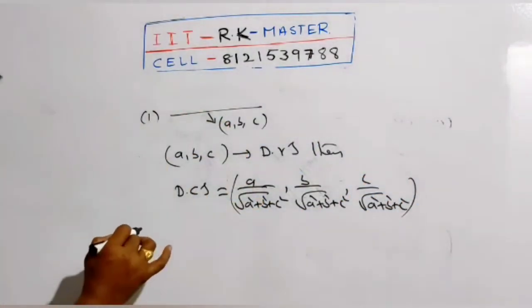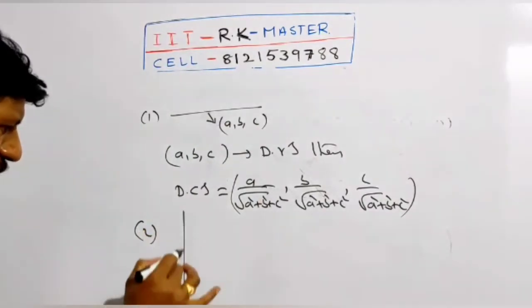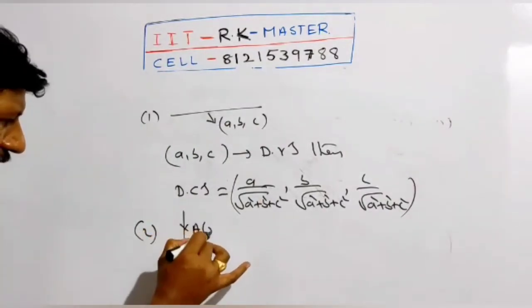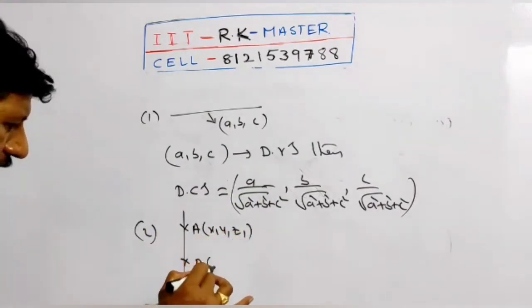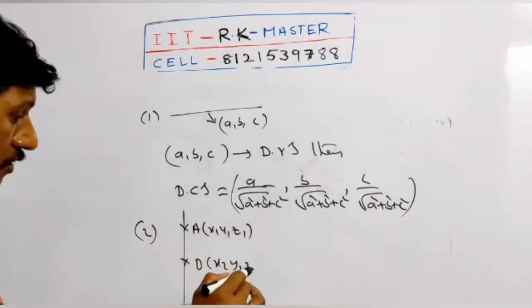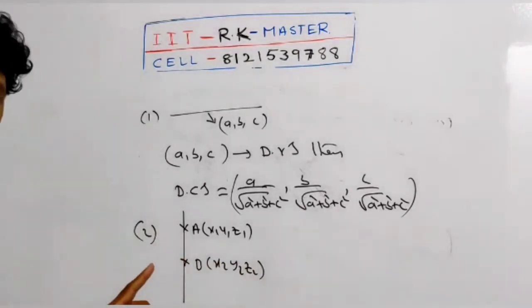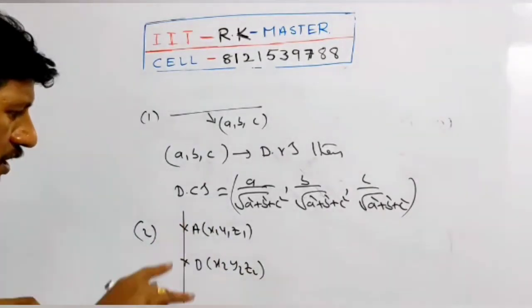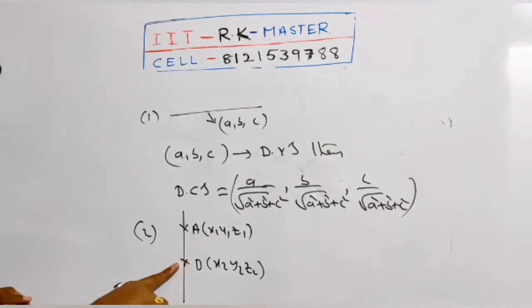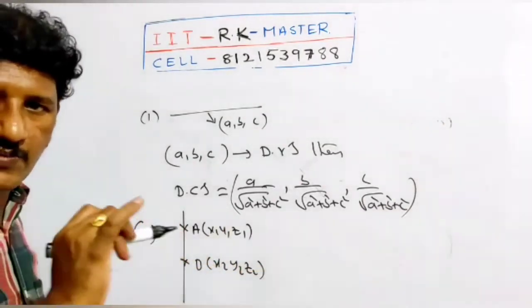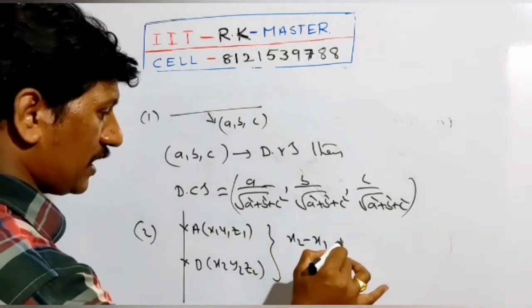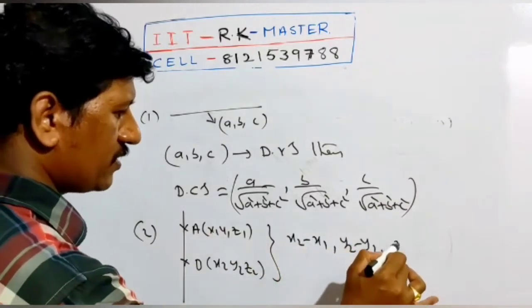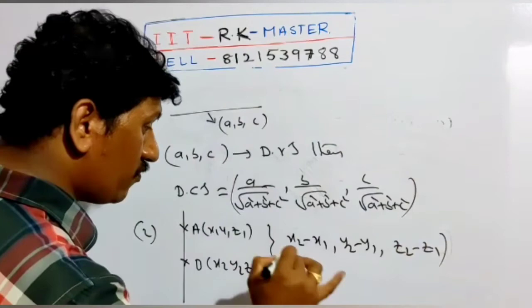Okay? And one more condition is, if the line is passing through 2 points, A point x1, y1, z1, and B point x2, y2, z2, then how to find the DRs? Very important concept. If any line is passing through 2 points, we can easily find the DRs of that line with the help of this formula: x2 minus x1, y2 minus y1, z2 minus z1.